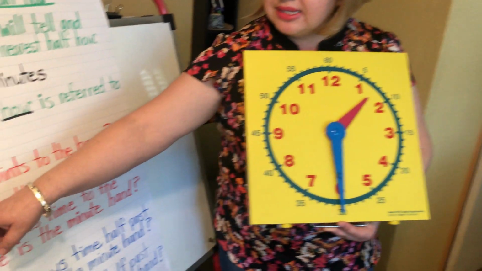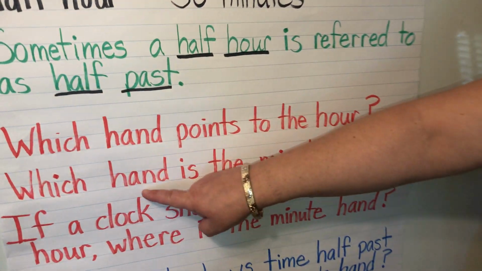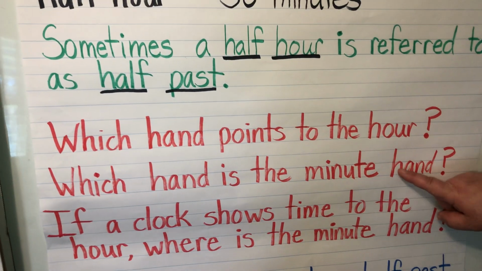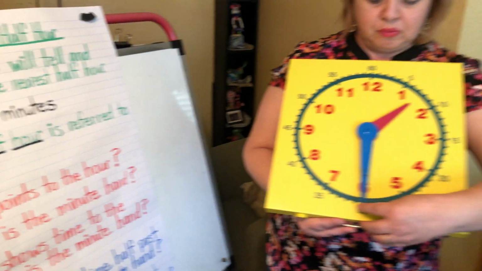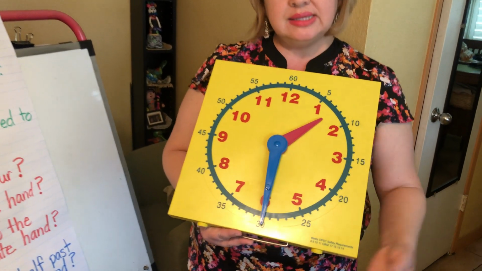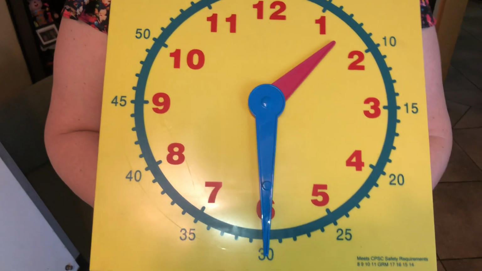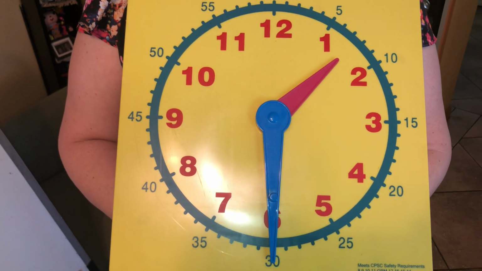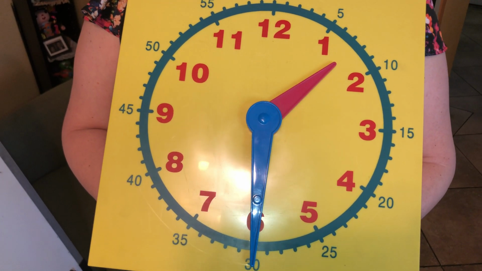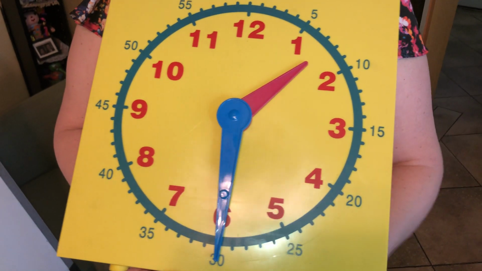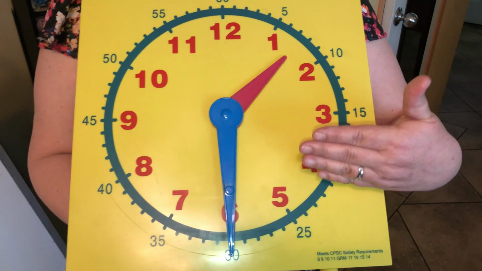Now let me look at my second question up there. Which hand is the minute hand? Well, if the short one is the hour hand, then that means the long hand is the minute hand. And if a clock shows time to the hour, where is the minute hand?